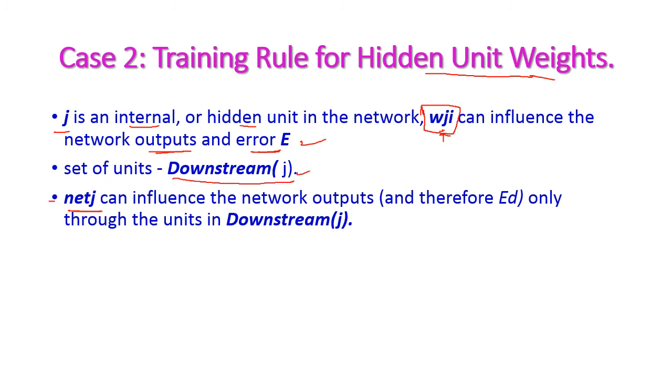Here net j can influence the network output. With respect to net j only, the network output will be produced, and this is called Ed, that is the error of the dth unit, only through the units in the downstream of j.